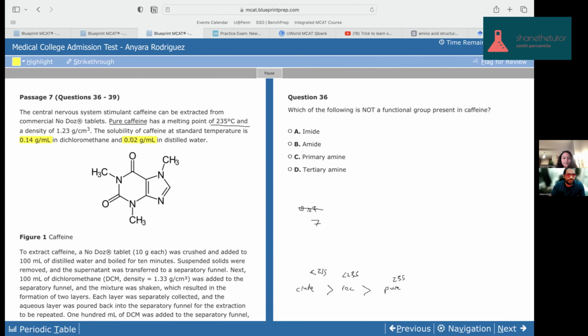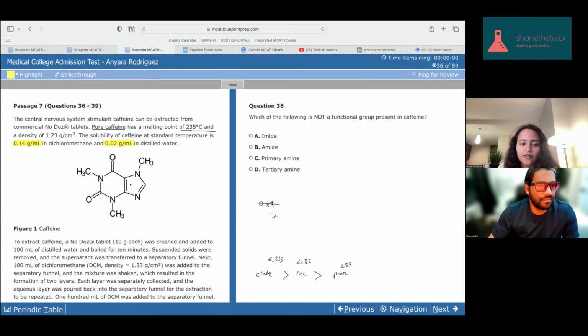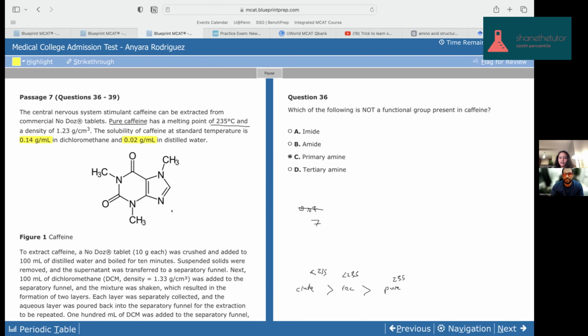The way I did it was I identified the amide and the types of amines that we have, like how many carbons are bound to the nitrogen. And we don't have a primary amine, so we don't have an NH2 or NH3 group. So I feel like that is the one that's not there.